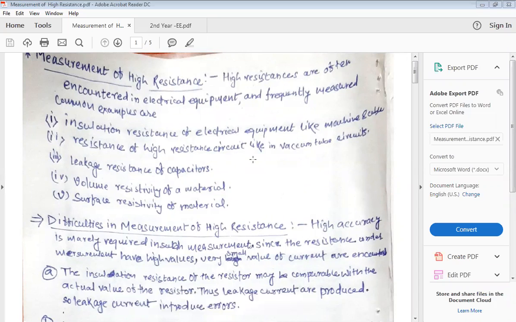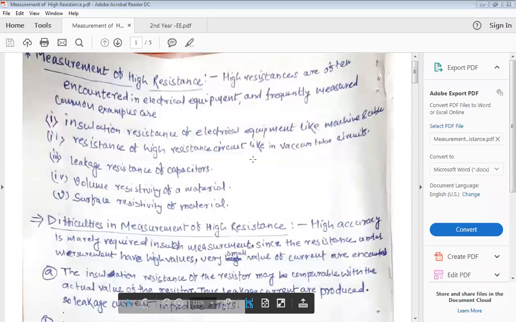And resistance of high resistance circuits like vacuum tube, leakage resistance of capacitance, volume resistivity of material, and surface resistivity of material, this type of measurement is under the measurement of high resistance.